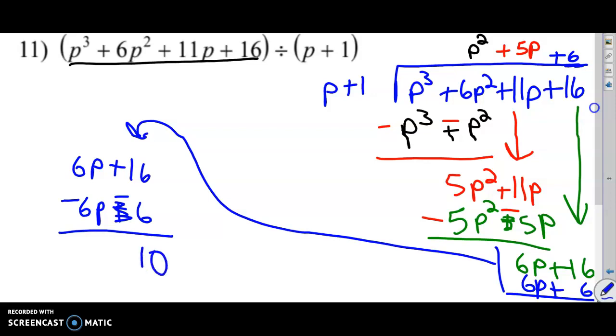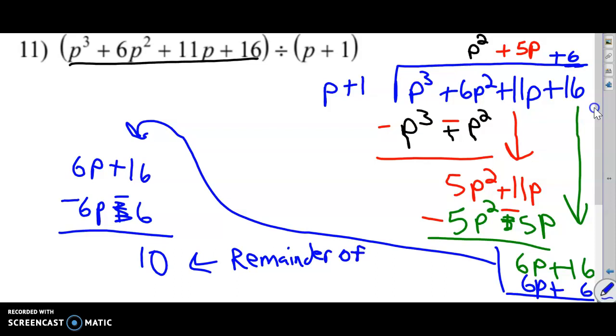What you will notice is now there is no other number that we can bring down. So we have actually gotten our entire piece of information that we can get. So we still have a remainder of 10.